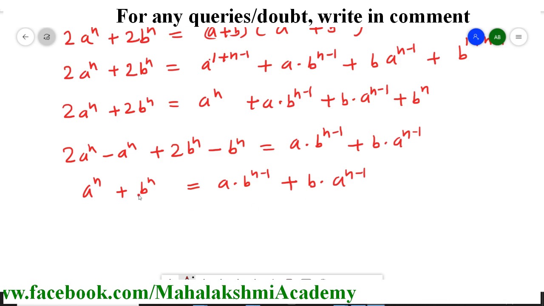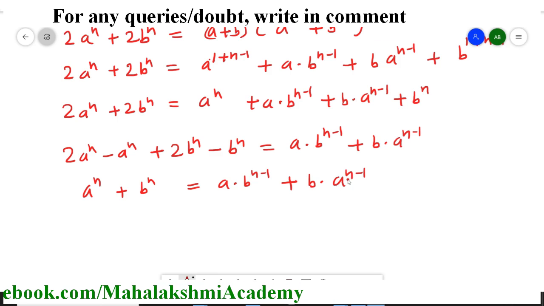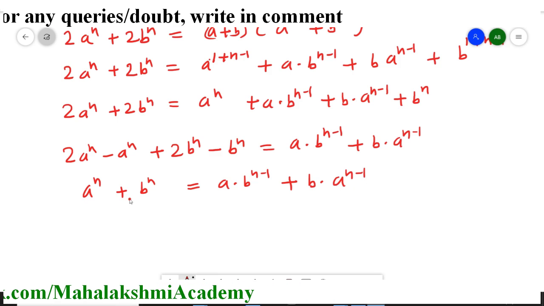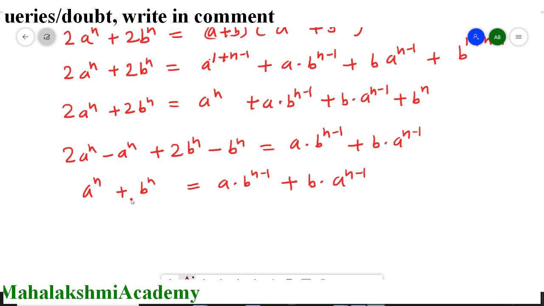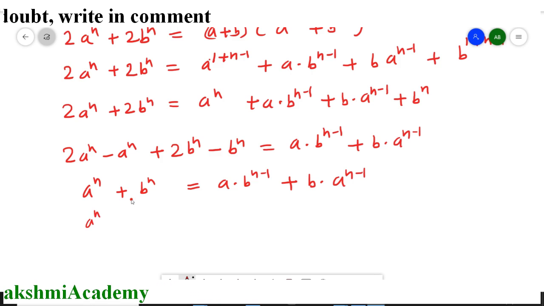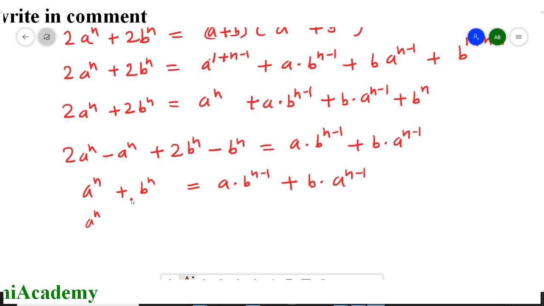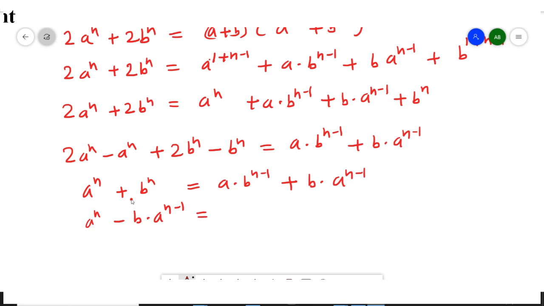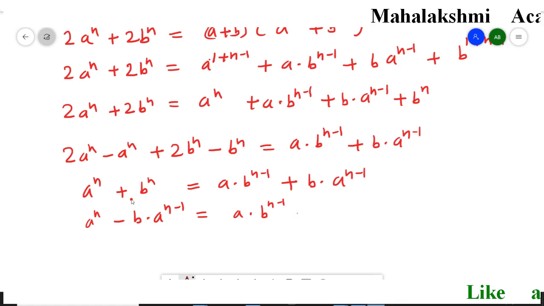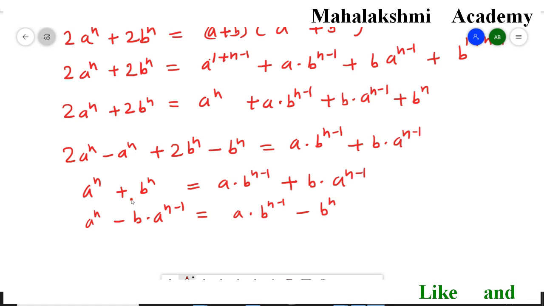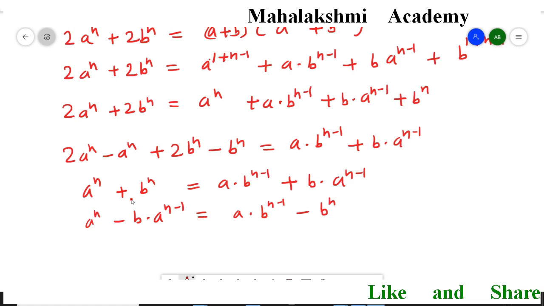So this a to the n as it is, and this b multiplied by a to the n minus 1 I am shifting here. So a little bit of adjustment is there. You have to understand a to the power n minus b dot a to the n minus 1 as it is, because we are shifting here, so the sign will change. In the same way, a dot b raised power n minus 1 minus b to the power n on one side.